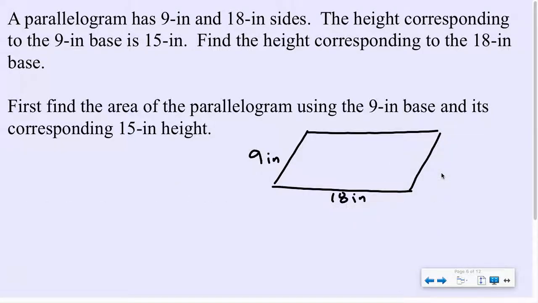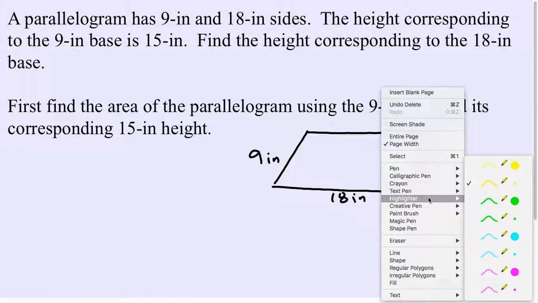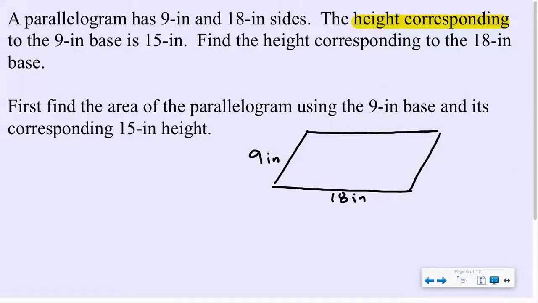The height corresponding to the 9-inch base is 15 inches. So that means the side that's perpendicular with 9, or the height, is 15 inches. So if I start at this bottom vertex and I draw in my altitude to the other side, this guy is 15 inches. It says it corresponds with it. It means those two sides make a right angle.